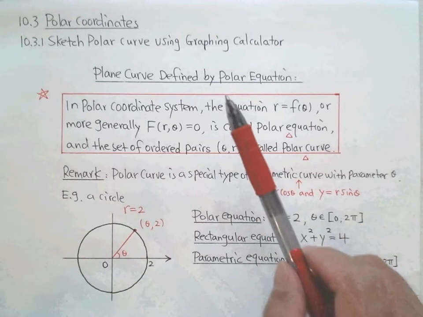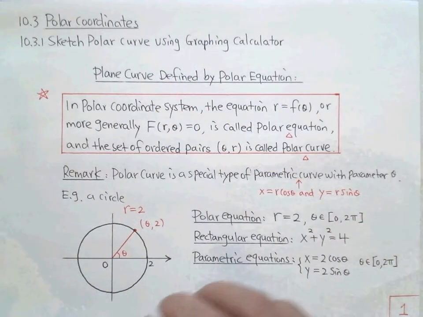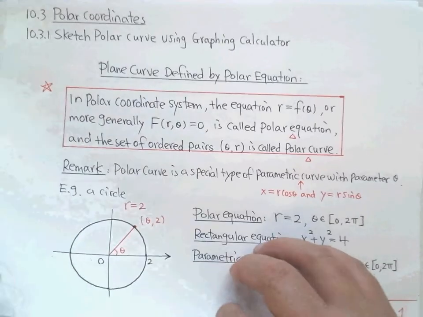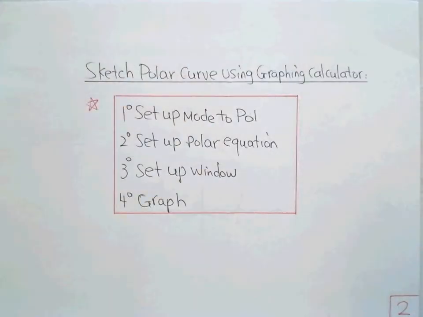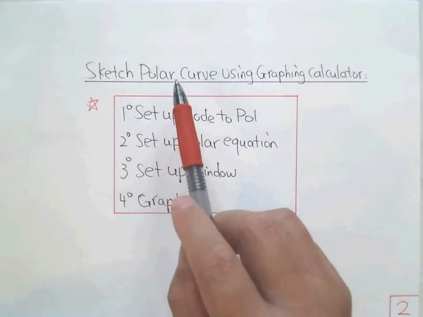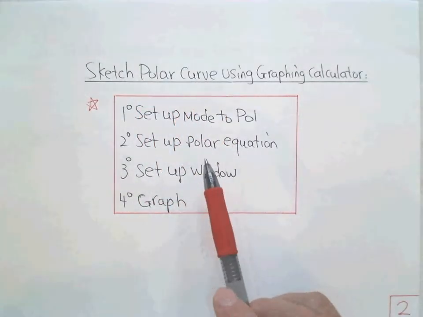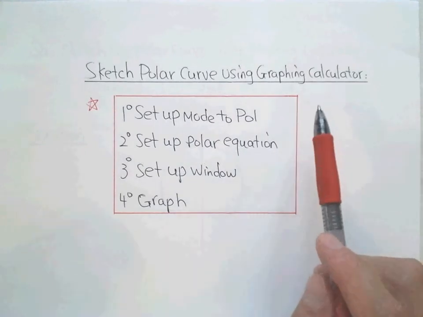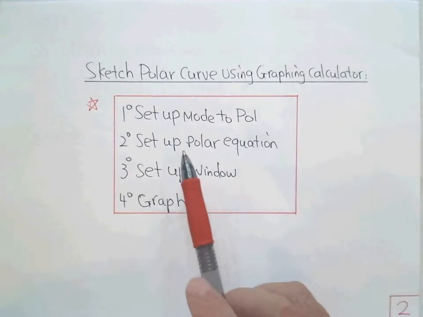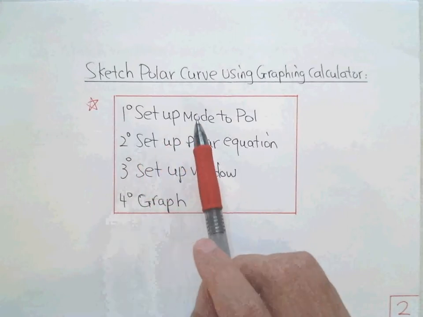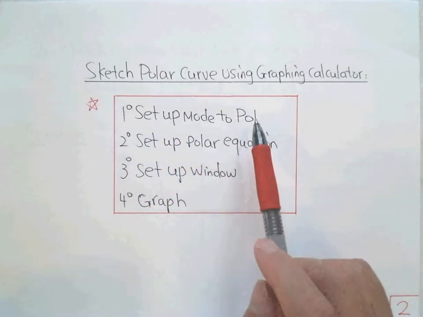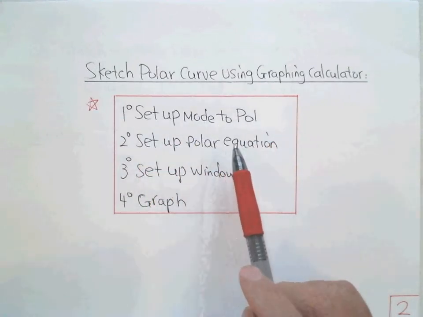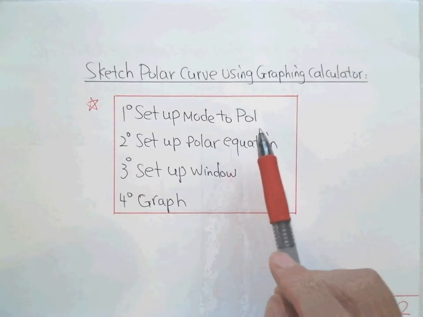Here we're going to graph. Let me look at how to graph. Here are the basic steps for sketching a polar curve using a graphing calculator. I will use the TI-83; if you have an 84, it's similar. First, set the mode to polar, POL. Second, set up the polar equation, typing the equation after y equals.